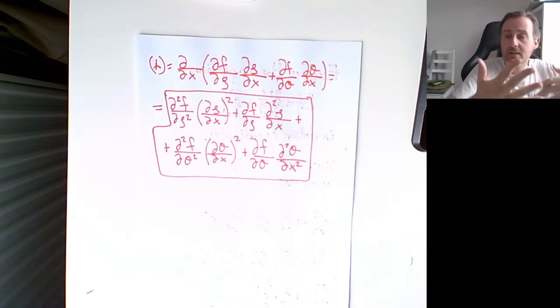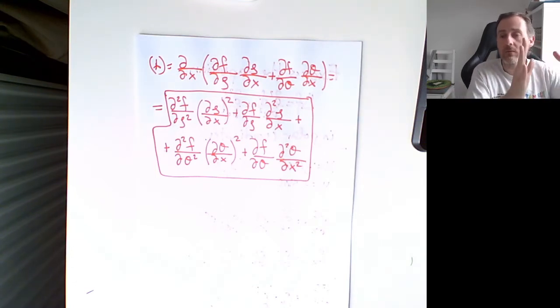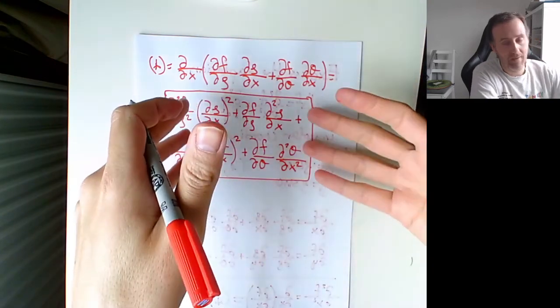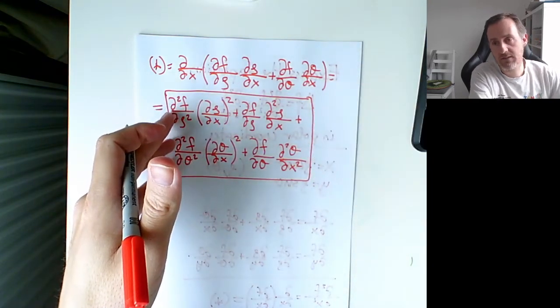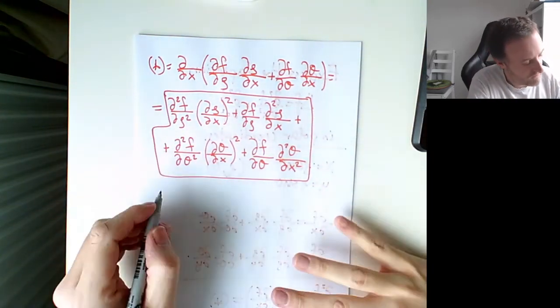Now, for the second partial derivative with respect to y and y, we'll use symmetry. So whatever we see in this expression x, we'll replace it by y.